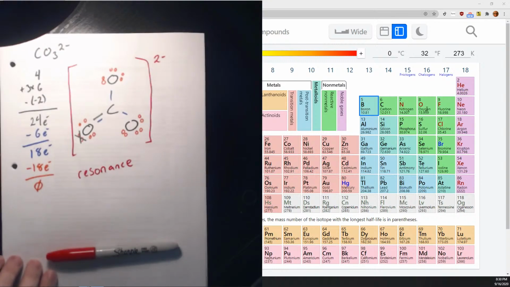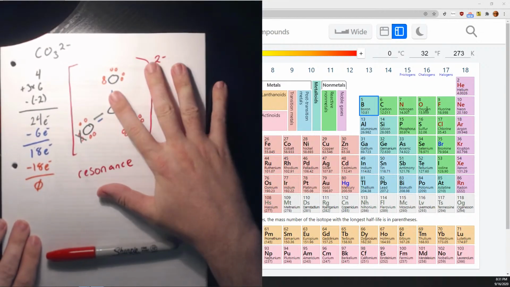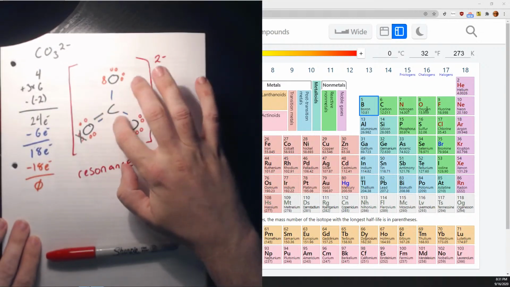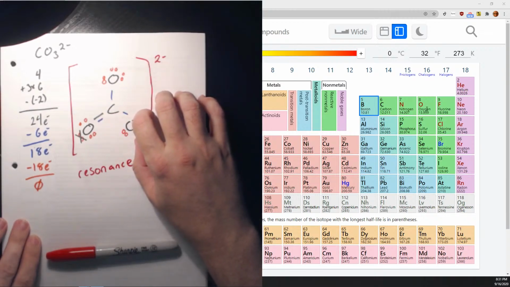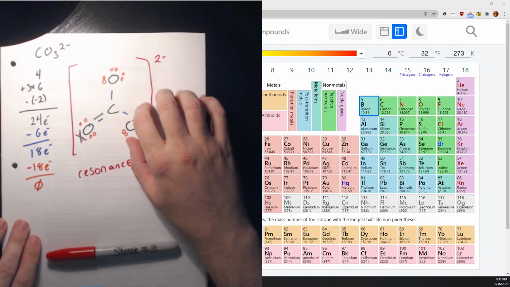Okay? When we look at the carbonate molecule, using the various methods available, we can actually study these bonds. And when we do that, we do not see 2 single bonds and a double bond. Instead, what we see is 3 completely identical bonds, all of them partly in between a single bond and a double bond.